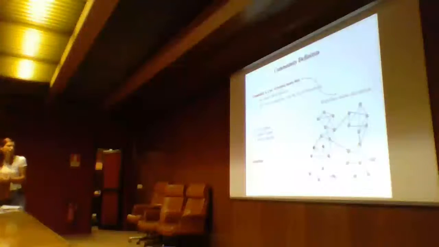But we have to pay attention when we talk about the community definition, because communities are usually implicitly defined by the algorithm that we use, without an explicit definition. So any definition of communities depends on the algorithm that we use to detect the communities.